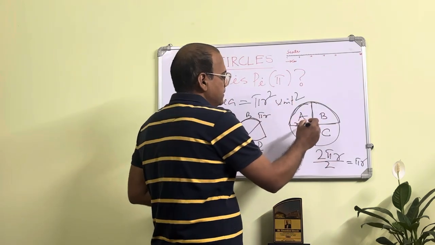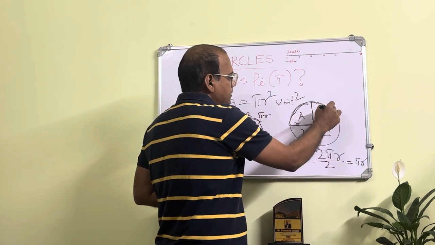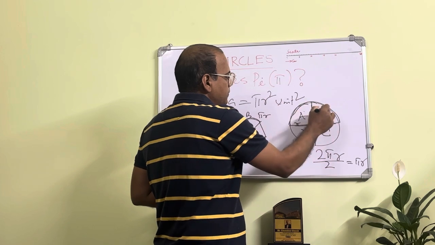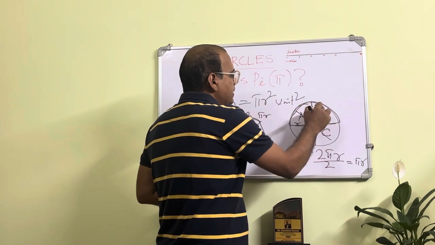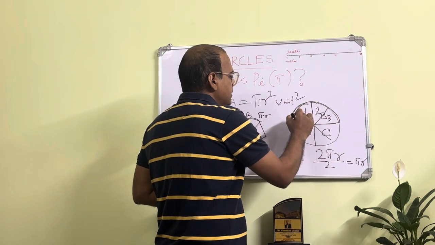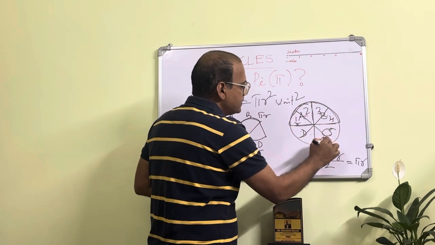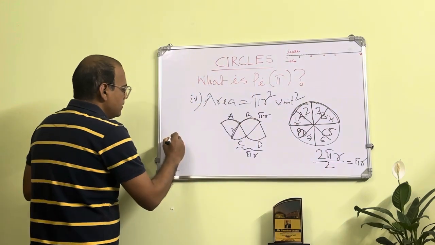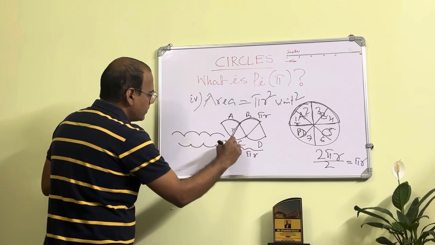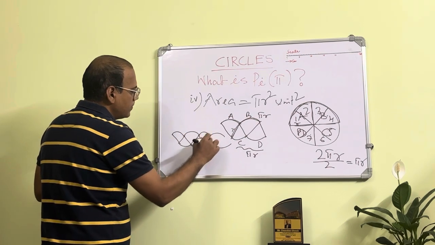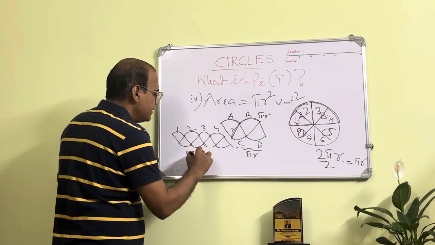I will slice it further. So instead of 4, I'll make it 8. 1, 2, 3, 4, 5, 6, 7, 8.